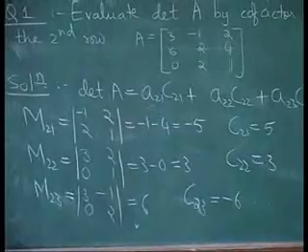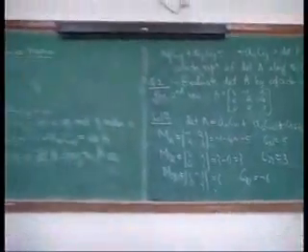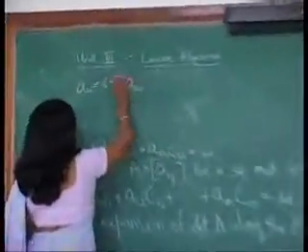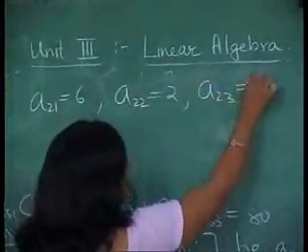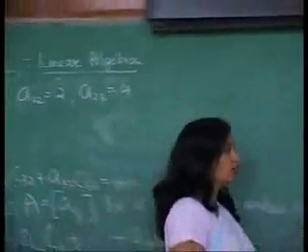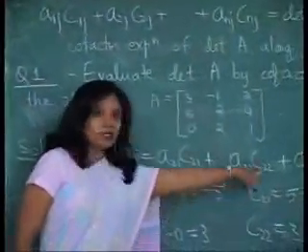Also, if you look at the elements of the matrix in the second row, A21 is 6, A22 is 2, A23 is 4. And now all one has to do is substitute in this equation.